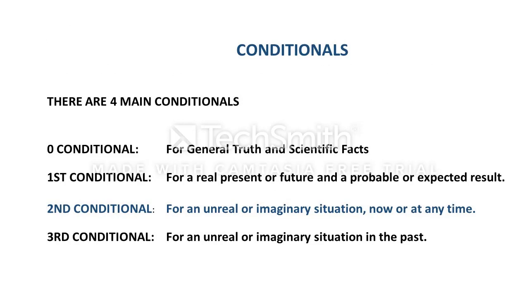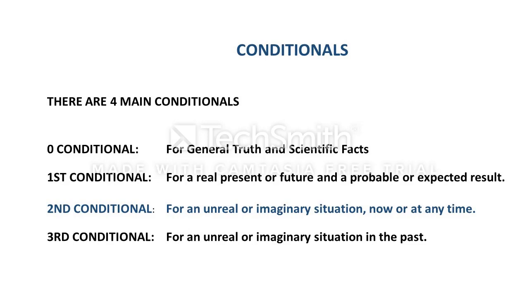So we said that there are different types of conditionals. There are mainly four that we know of. Zero conditional, when we talk about facts. The first conditional, that I always have a present form and the will or won't. The second conditional, which relates to unreal or imaginary situations, now or at any time, past or future, remember.